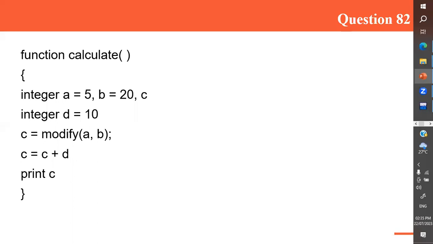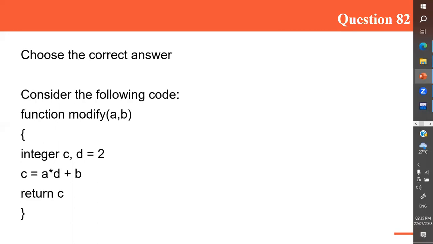We are calling the function with 5 and 20. So check what is the return value. A is 5, B is 20. What is the return value you are getting? Got the return value?